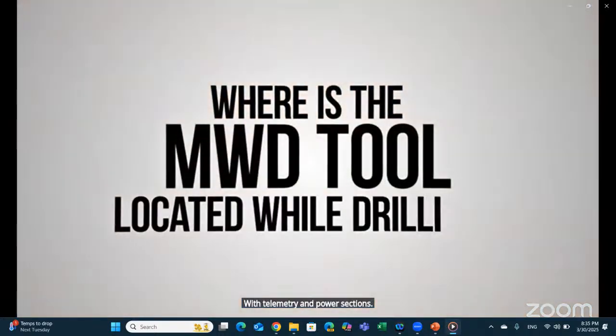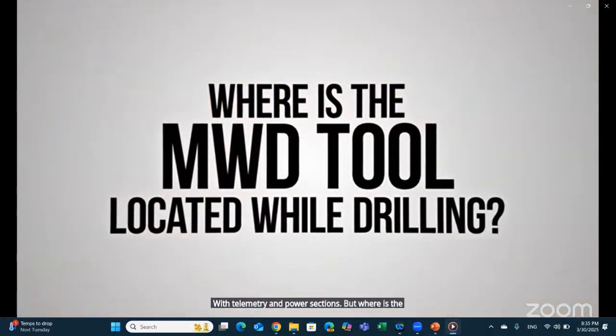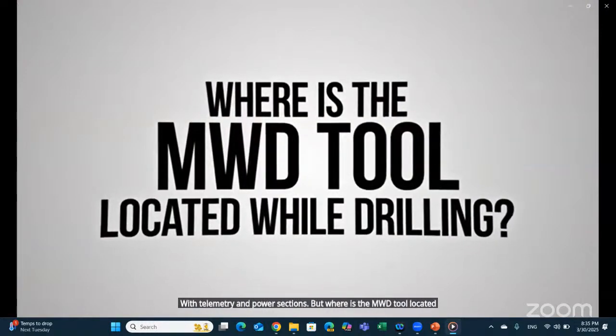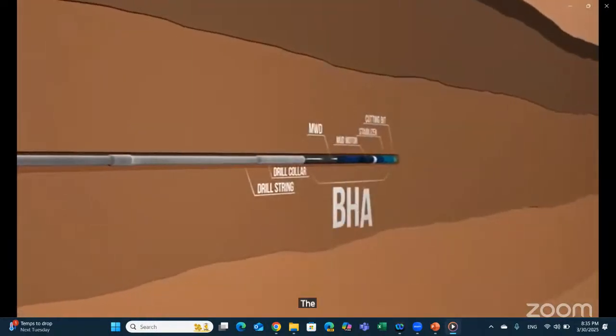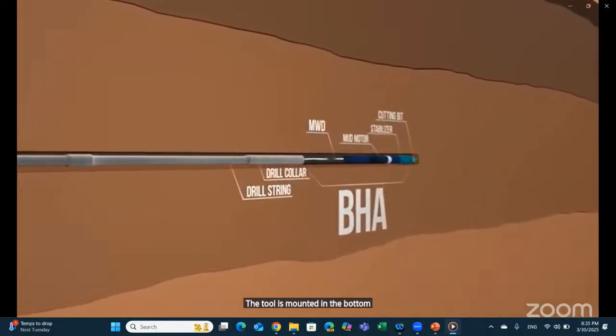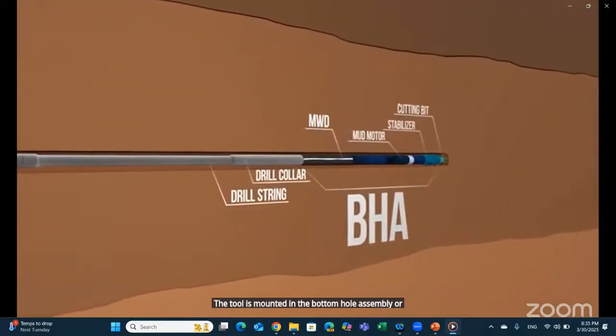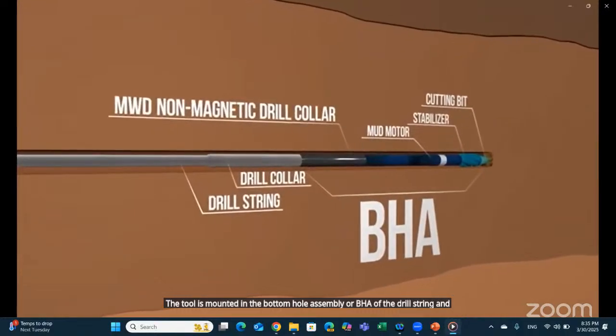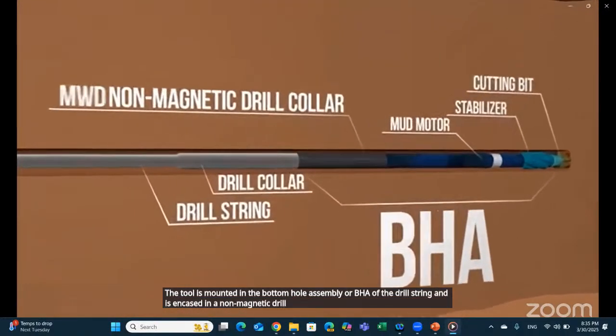But where is the MWD tool located while drilling? The tool is mounted in the bottom hole assembly, or BHA, of the drill string, and is encased in a non-magnetic drill collar.